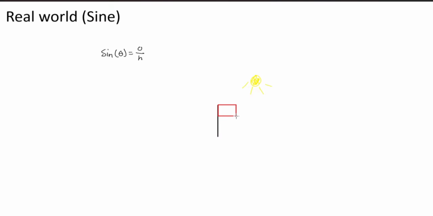Now let's say you want to determine the height of this flagpole. Let's say the height of this flagpole is x. Let me draw that x a bit better. So the height of the flagpole is x. And of course the flagpole is casting a shadow.